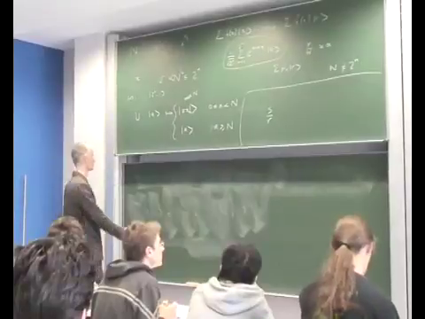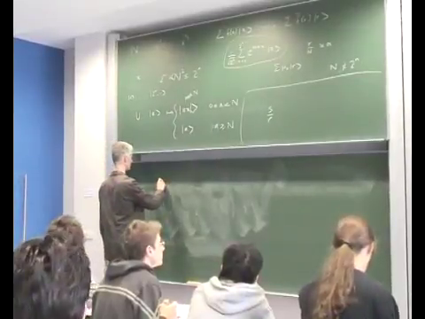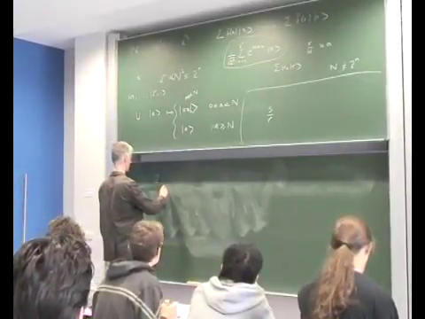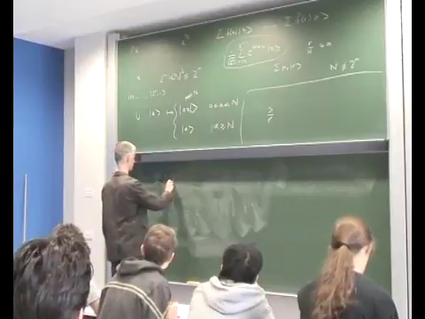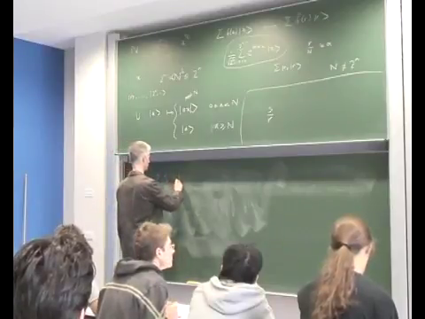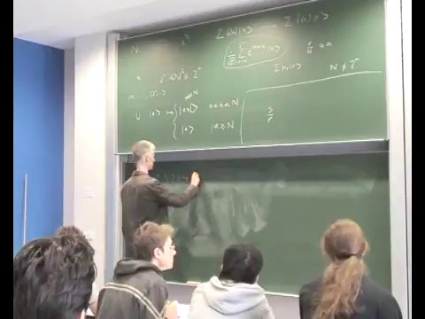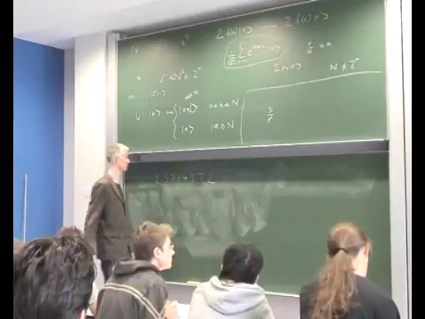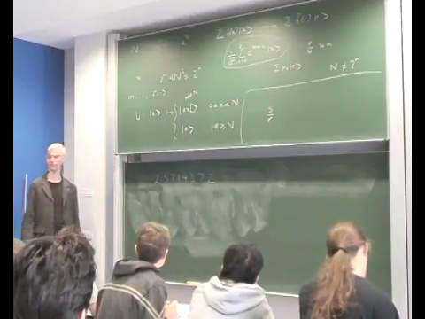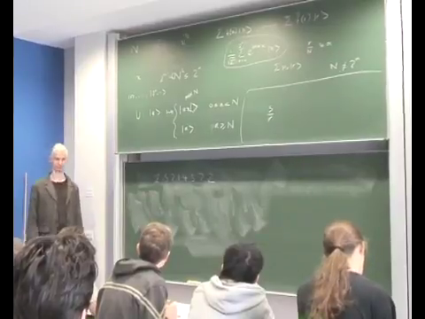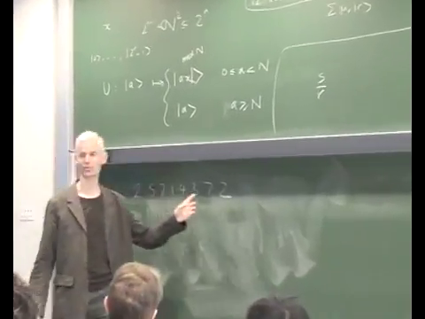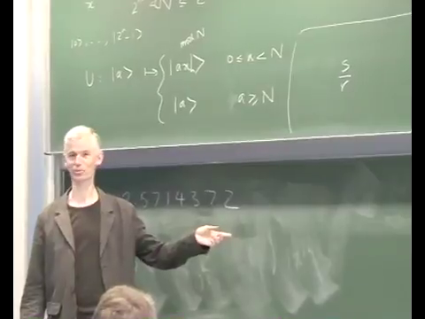So let's just think of a problem. Supposing some real number comes out like that, and you have the information that the real number is actually rather close to a fraction with a small denominator.